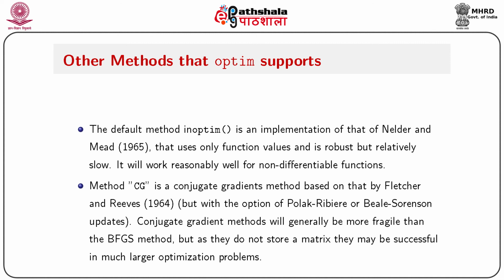The method CG is the conjugate gradient method, based on Fletcher and Reeves 1964, but with the option of Polak-Ribiere and Beale-Sorenson updates. The conjugate gradient method will generally be more fragile than the BFGS method, but as it does not store a matrix, it may be successful in larger optimization problems.